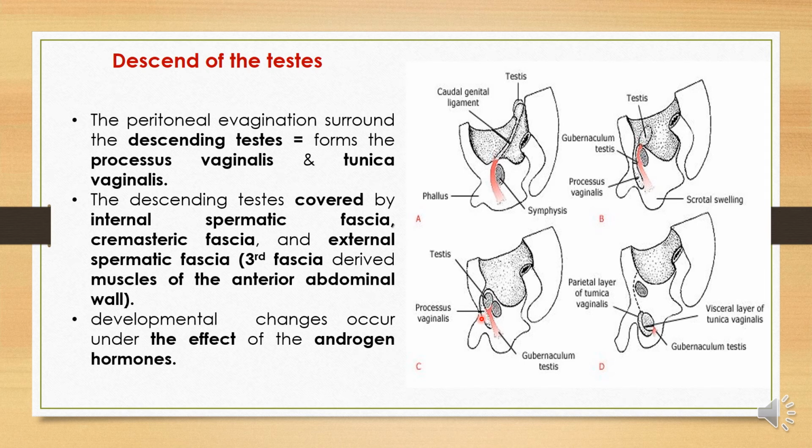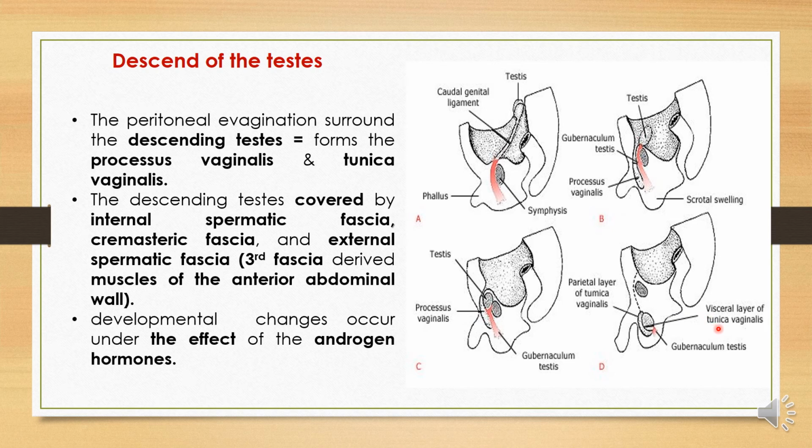The peritoneal evaginations surround the descending testes, forming the processus vaginalis and the tunica vaginalis.